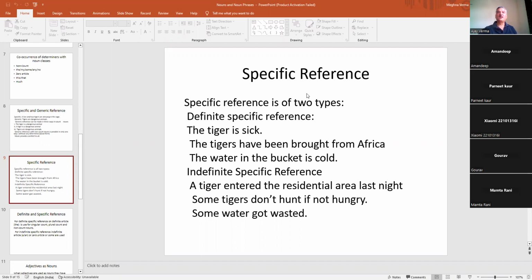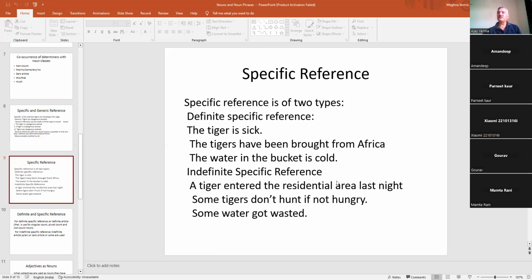So you can see, the tiger is sick. The tigers have been brought from Africa. The water in the bucket is cold. Here we are making a definite specific reference where the speaker and the listener can identify the tiger. We are not referring to any tiger. We are referring to the tigers which have been brought from Africa. The tiger is sick: we are referring to a sick tiger among all the tigers.